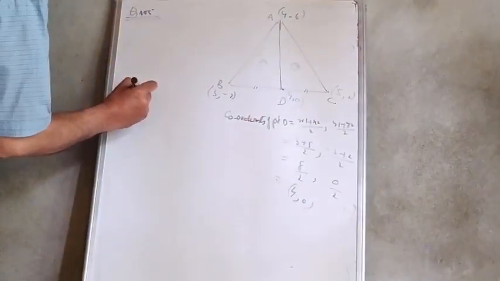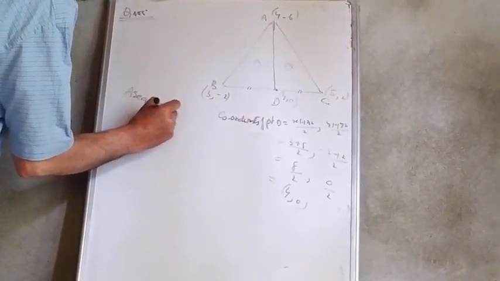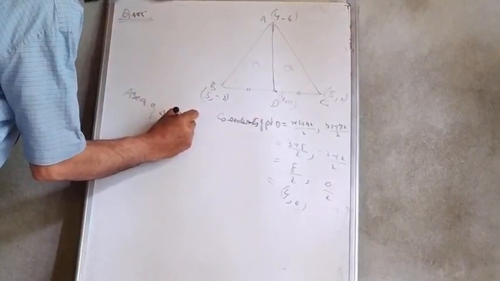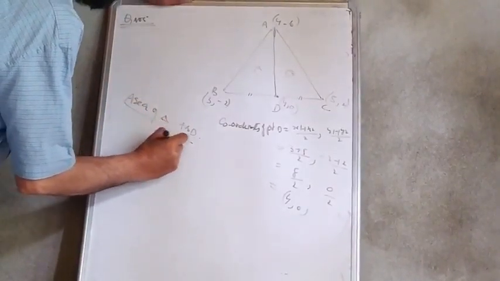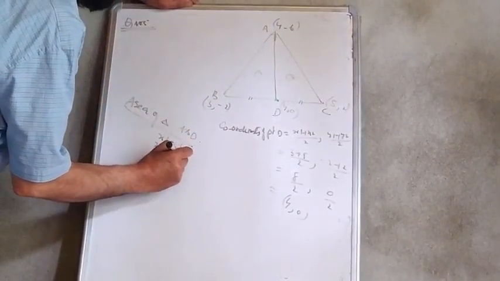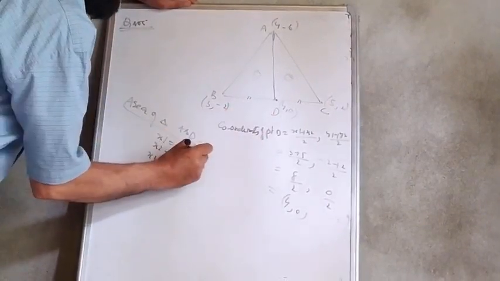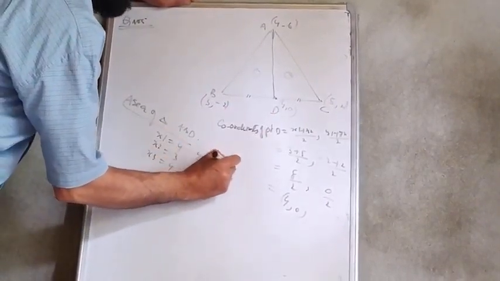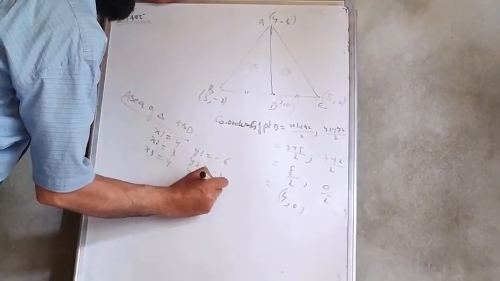Now, here we go. Area of triangle ABD. For this, x1 is 4, x2 is 3, and x3 is 4. y1 is -6, y2 is -2, and y3 is 0.